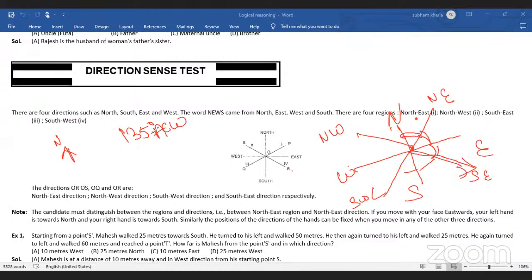Similarly, 135 degree anti-clockwise, तो अब north से anti-clockwise चलो उल्टा 45, 45 and 45, तो southwest. Easy? Yes or no? समझ में आ रही है बात? All of you understood this? Very good. ठीक है.